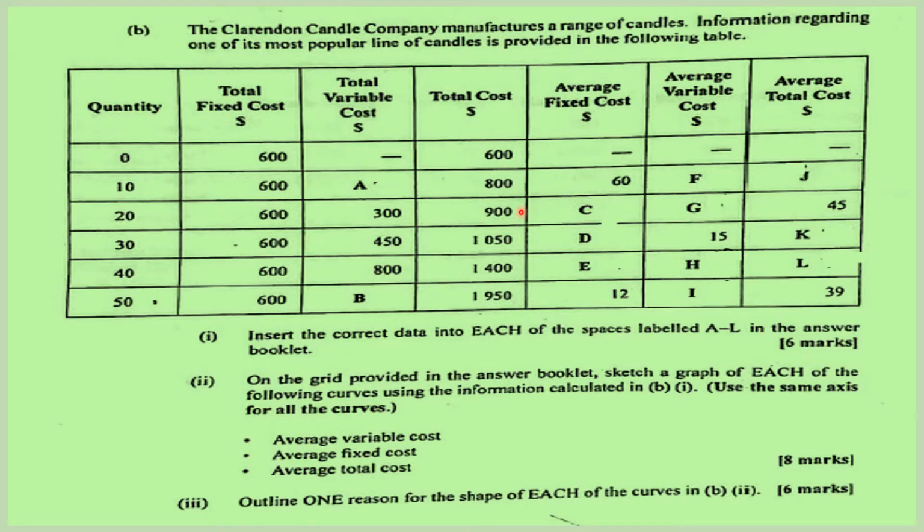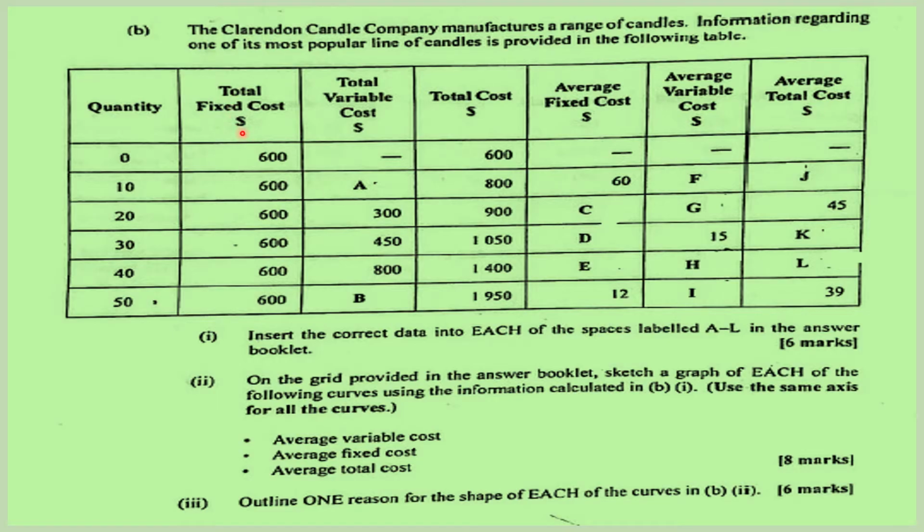Okay, now if we look at the table itself, we notice we have the quantity in one column, and then these 3 are related, and the other 3 are also related.